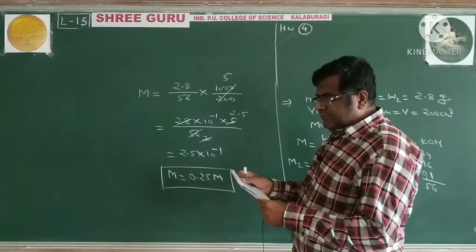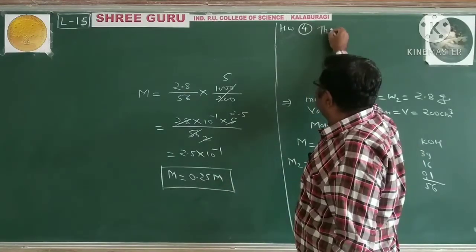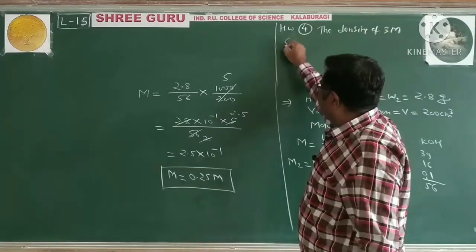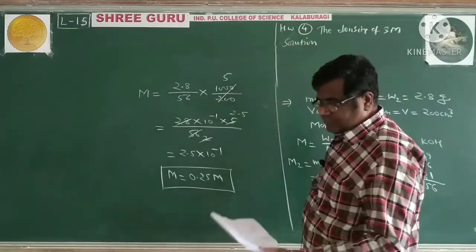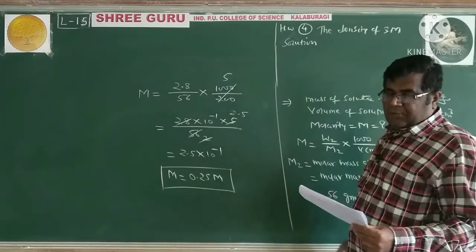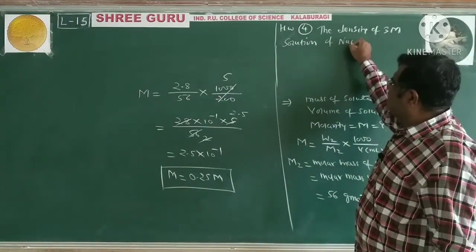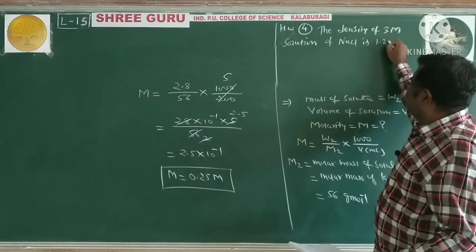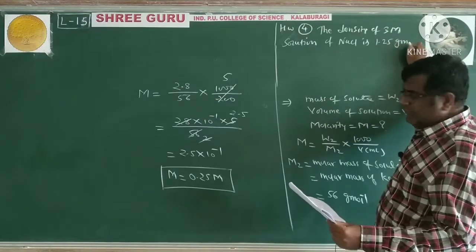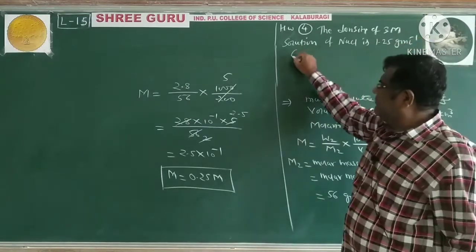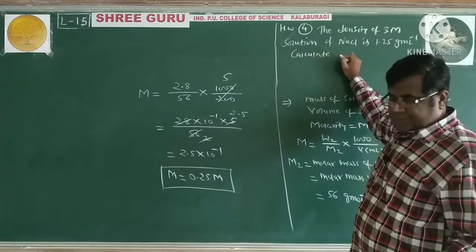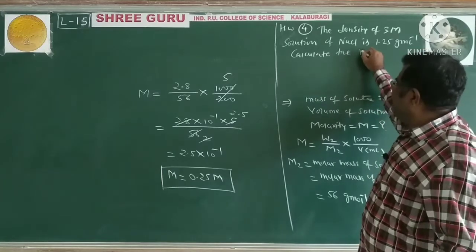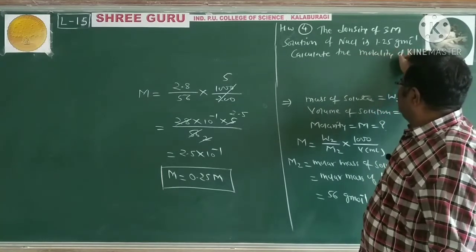The density of 3 molar solution of NaCl is 1.25 gram per milliliter. Calculate the molality of solution.